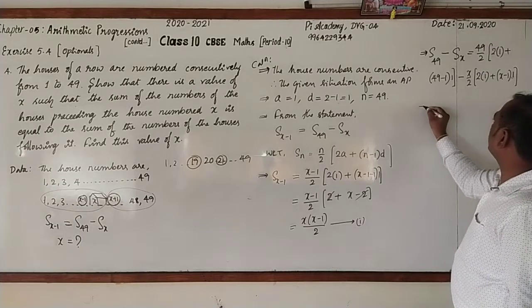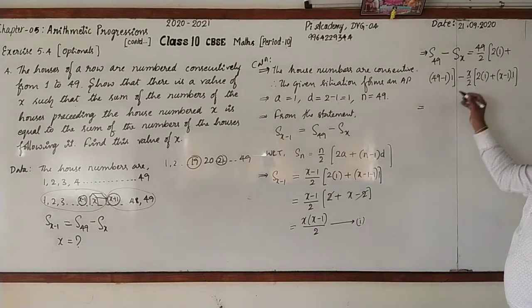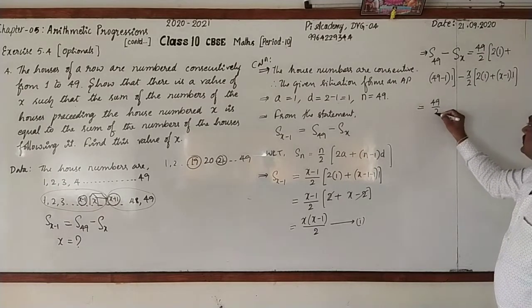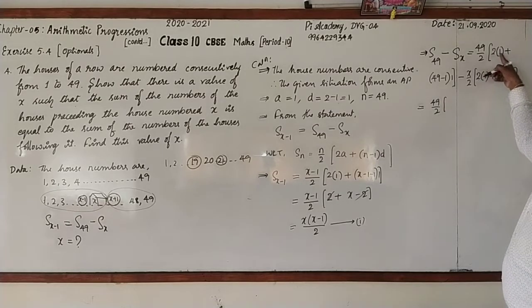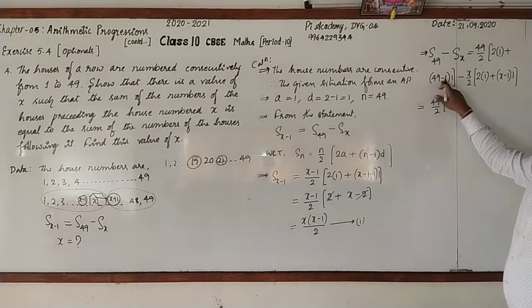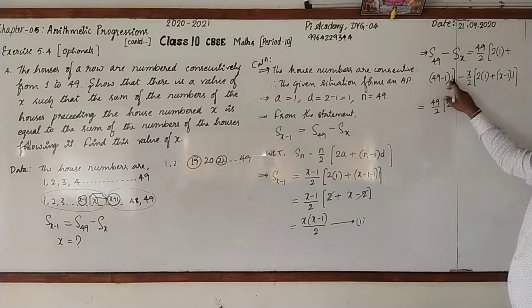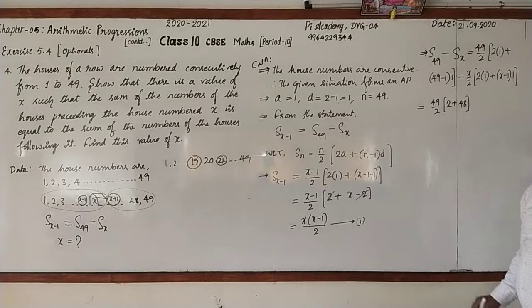Now this is equal to, I am writing the equal here. Now 49 by 2 as it is into (2 ones are 2 plus what is 49 minus 1? 48 into 1, it is 48 only) minus x by 2 into (2 ones are 2 plus (x minus 1) into 1, it is x minus 1). Hope that you have understood.